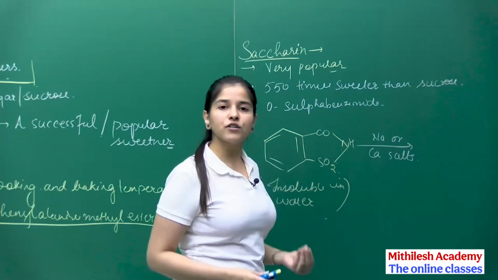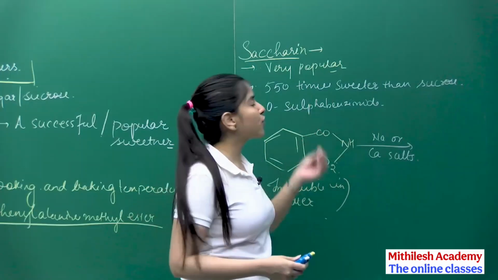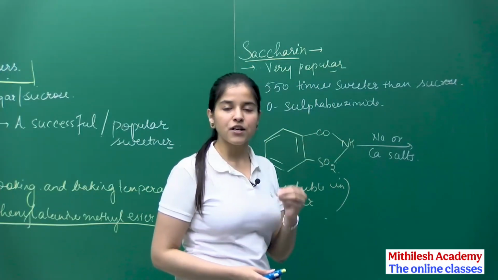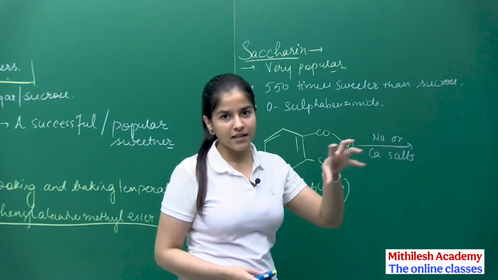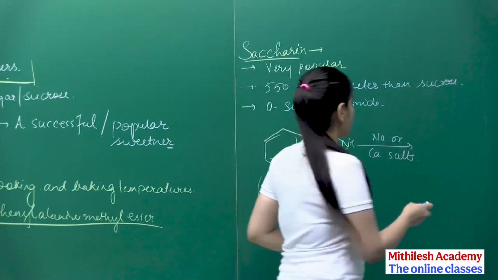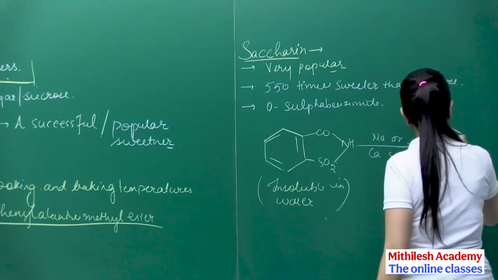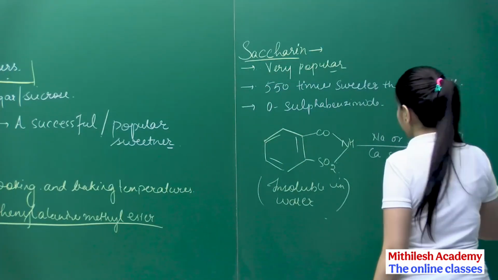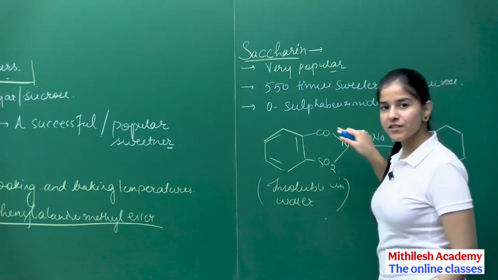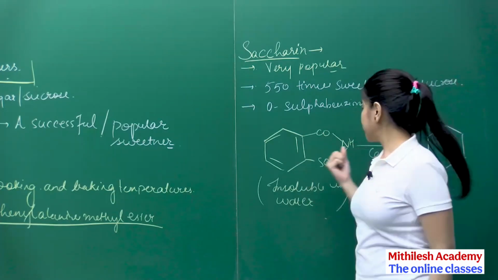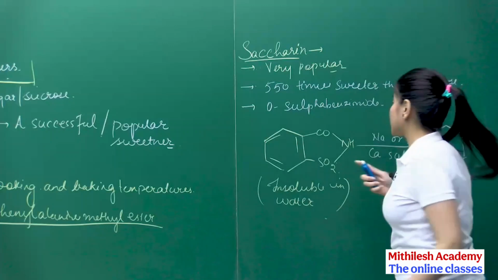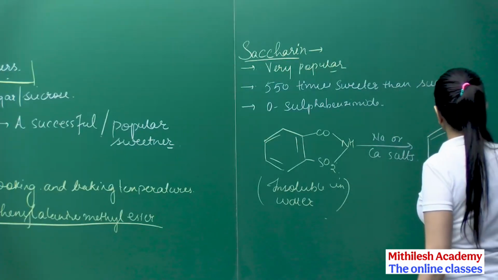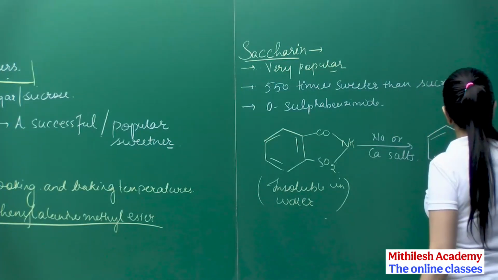So that is the composition of saccharin that we use when we are using it as an artificial sweetening agent. I hope you all have got it. Let's just make the salt over here. Very, very simple. You just need to remove this hydrogen and put the metal ion. That is how you make the salt. So super easy.